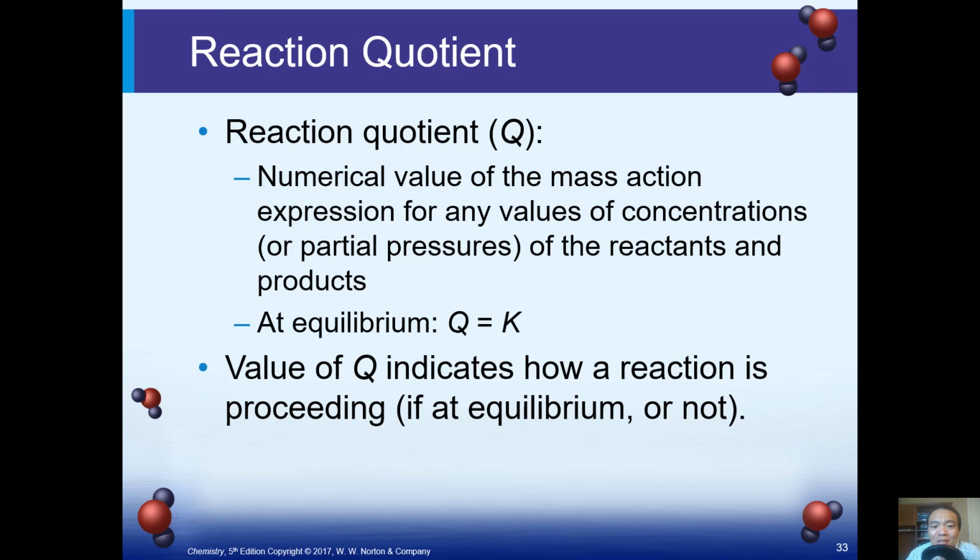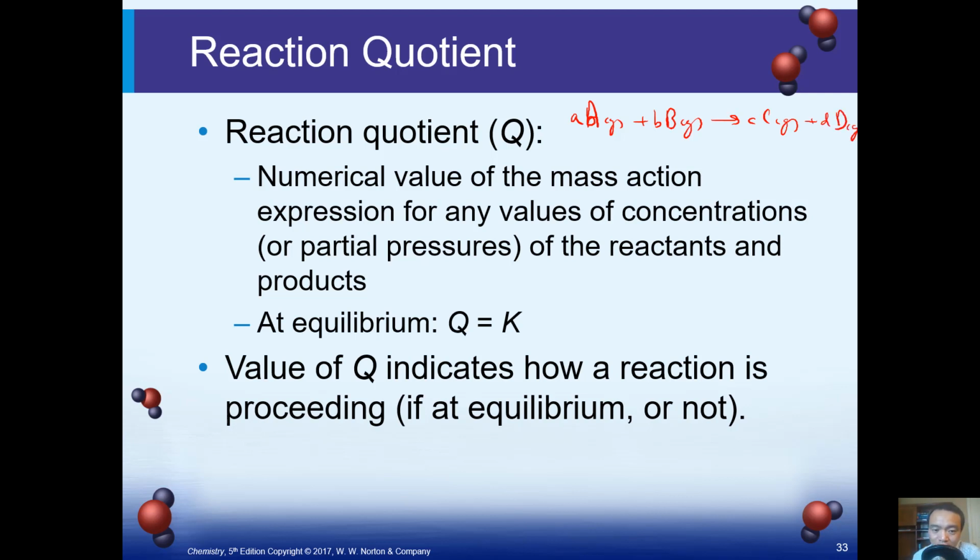So for this reason, we're going to define a new term, which is called the reaction quotient. If I write the generic equation one more time, all right, so let's rewrite this: aA reacting with bB produces cC and dD.